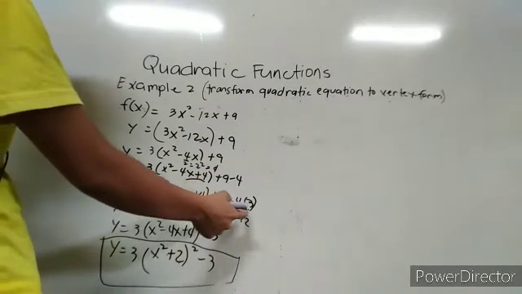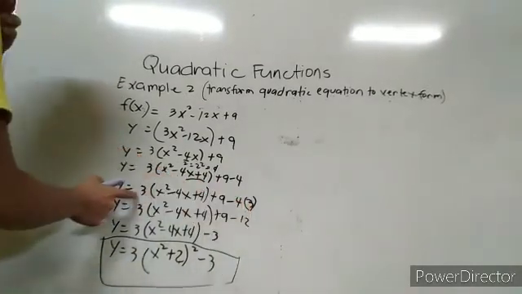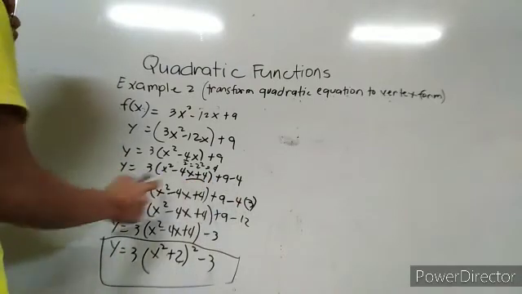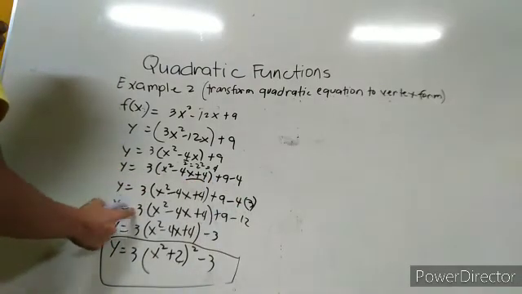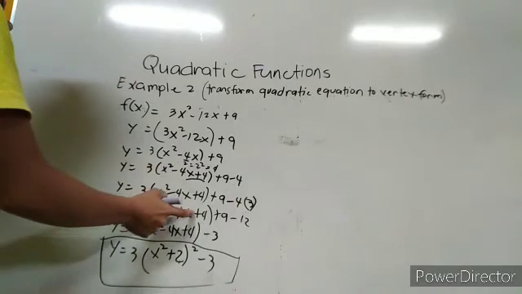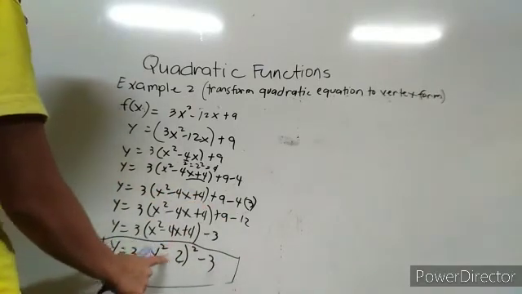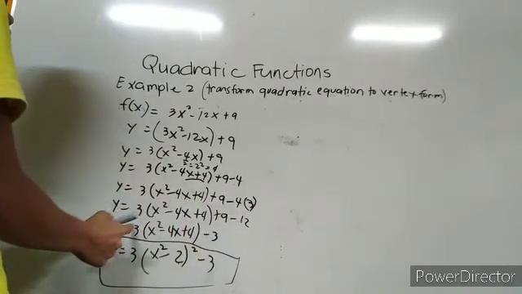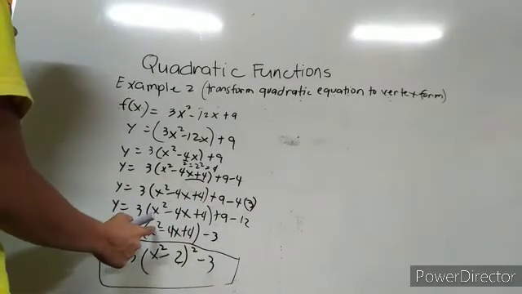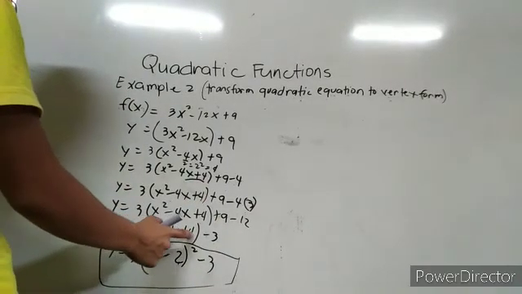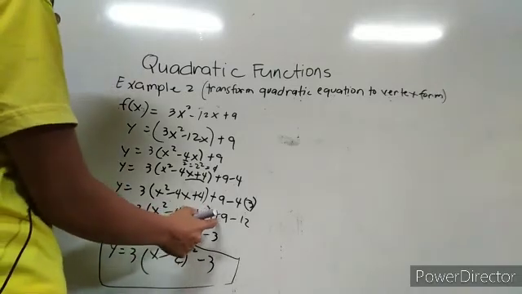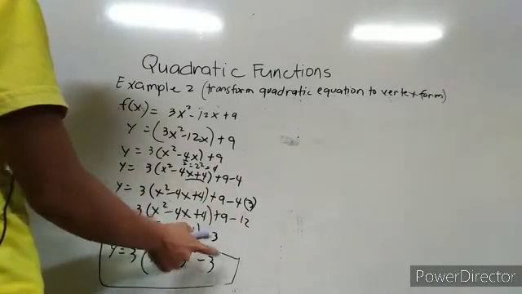Then we multiply by 3: 3 times x squared minus 4x plus 4, plus 9 minus 12. Okay? Plus 9 minus 12 is negative 3.